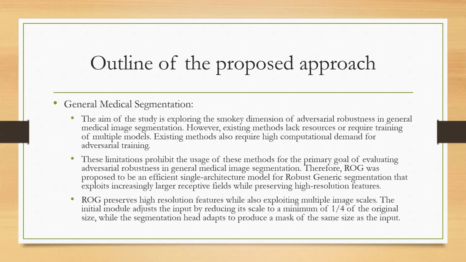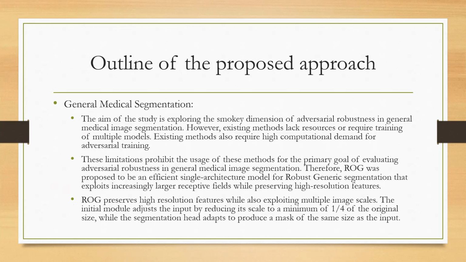Okay, the outline of the general medical segmentation category is to use their ROG architecture as an efficient model for robust generic segmentation. This exploits increasingly larger receptive fields while also preserving high resolution features.